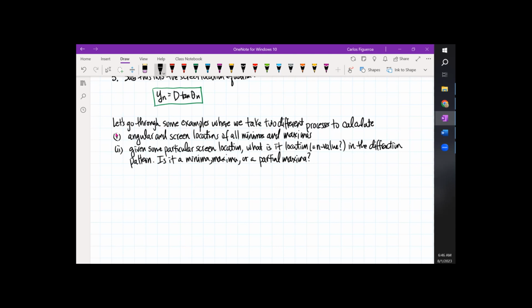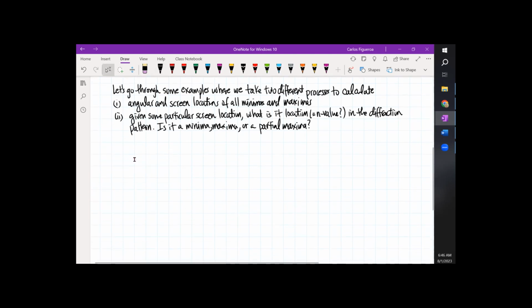So let's break those two situations down. And we'll use the applet, the pentaplet, to actually compare to see how we do. So the first thing that we want to do is that we want to predict the angular and screen locations.